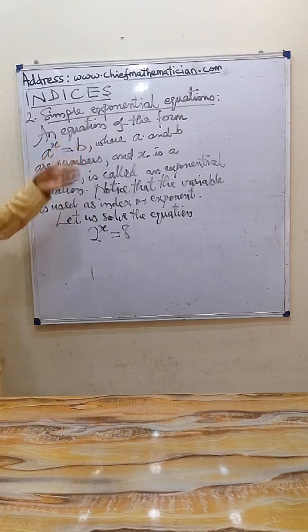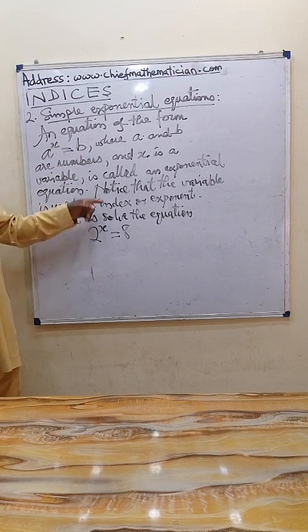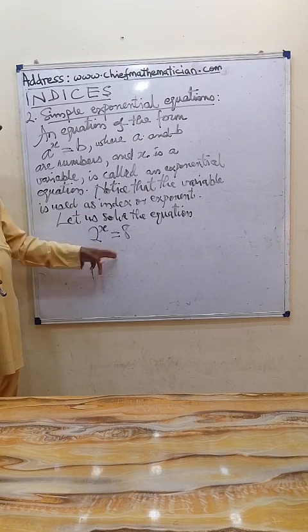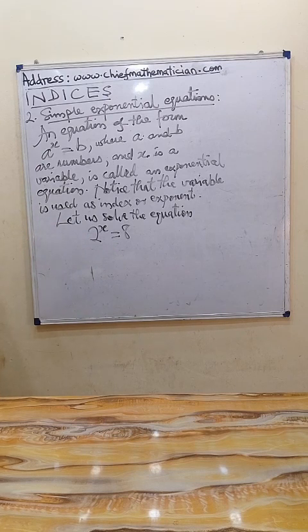Like I have already said, the index or the exponent is the variable. So x is the variable in this equation, the index of this base. This is a simple exponential equation, and we have to solve it.